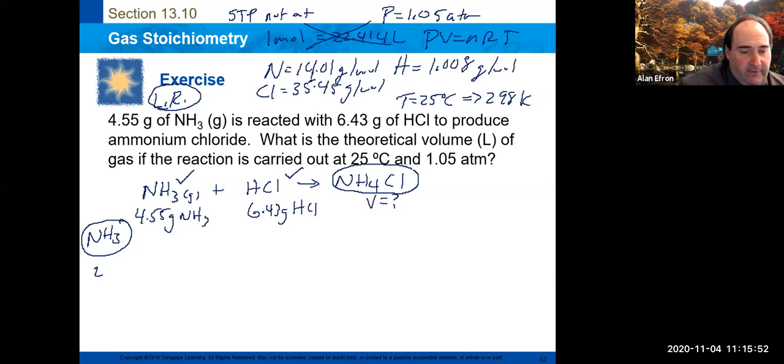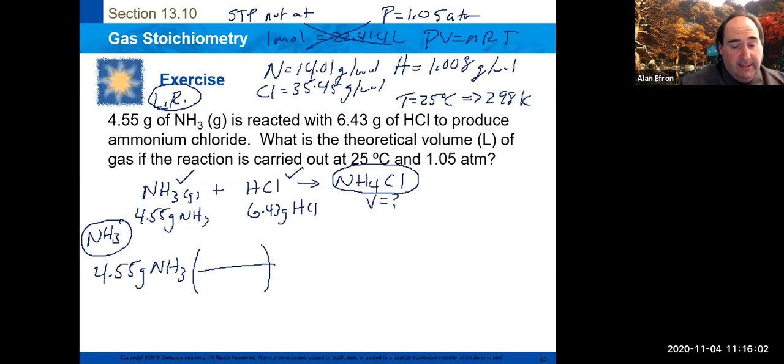If we do NH3, we're first going to convert it into moles. We take the grams of NH3 and use the molar mass from the periodic table: 3 hydrogens at 1.008 plus 1 nitrogen at 14.01 gives us 17.03 grams per mole of NH3. So 4.55 divided by 17.03 gets us something like 0.2672 moles of NH3.